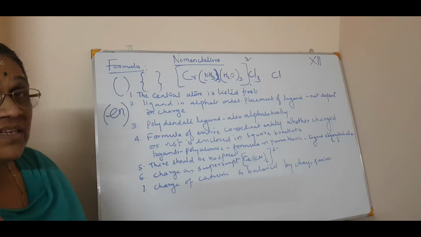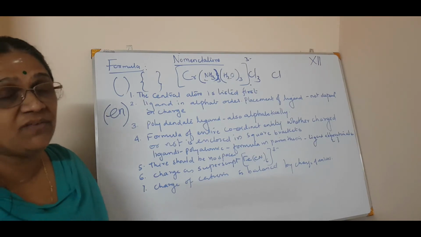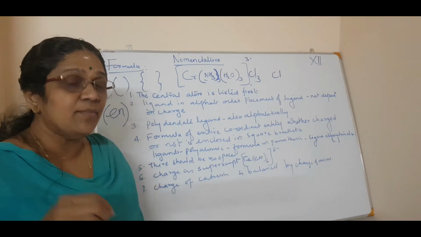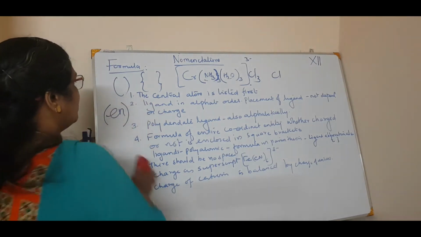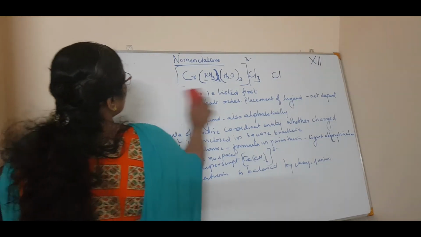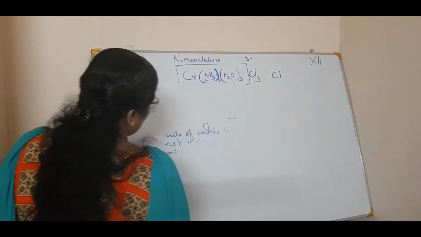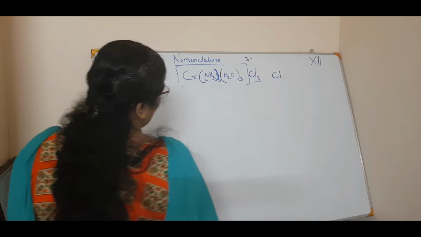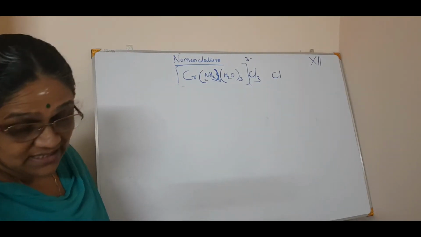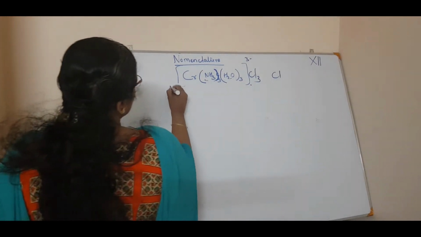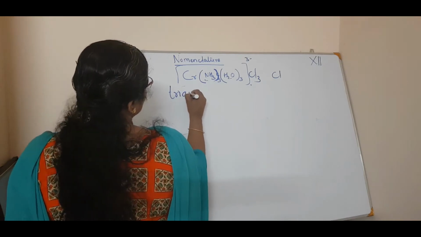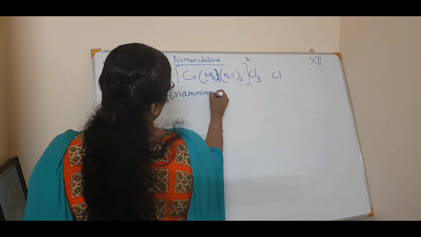Okay, now we will see the rules by which you write the name, the naming of a compound. That's also very, very important. So we will see now what the rules for naming are. In this I will just write the name: triamminetriaquachromium(III) chloride.